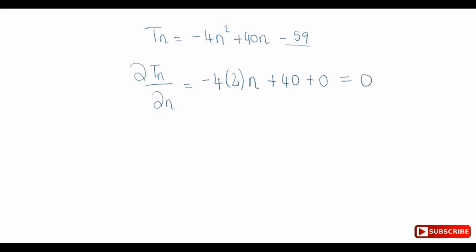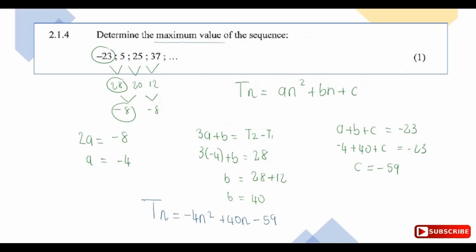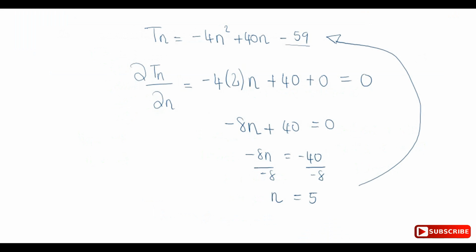And we are going to solve this for n. So it's going to be -8n plus 40, which is equal to 0. Therefore, -8n is equal to -40, divided by -8 on both sides, your n is equal to 5, and then we're going to substitute this 5 back into this equation to get what the maximum value of this sequence is going to be. Therefore, if we take t5, we find that the maximum value of this sequence is 41. Okay, and we are done.